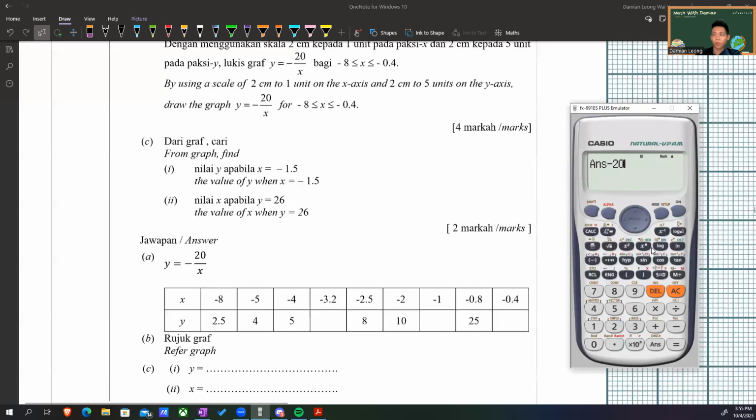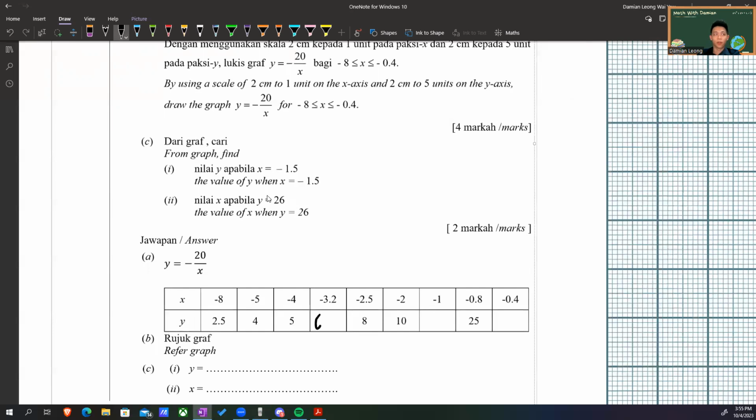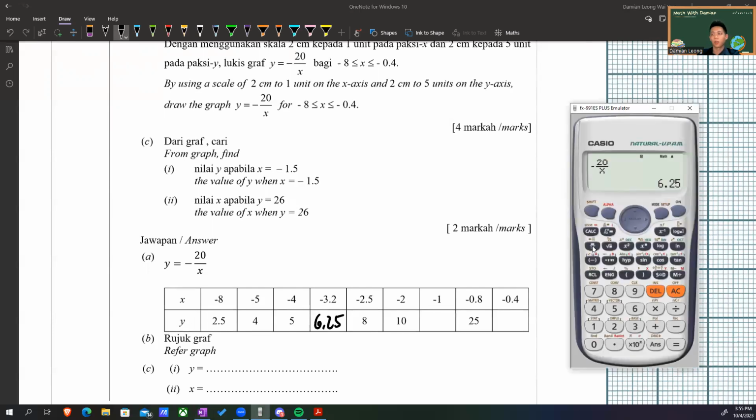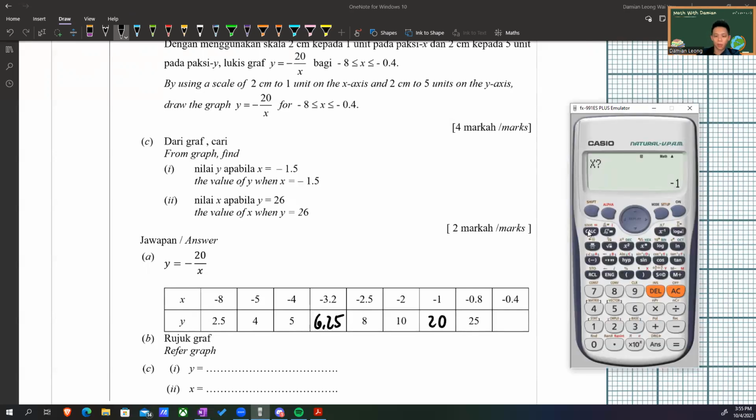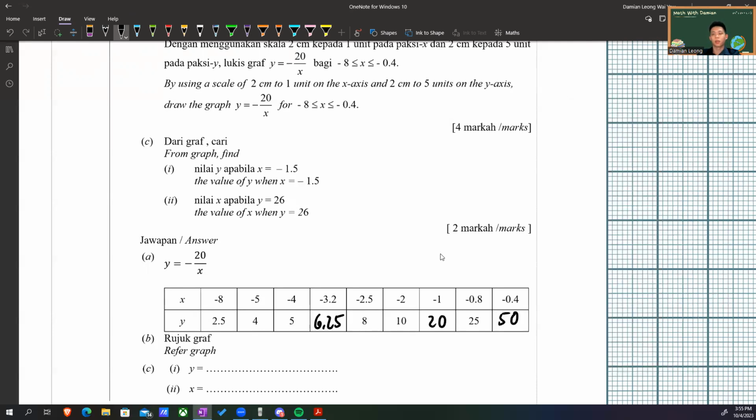So -20 over x: I put alpha in brackets and then calculate -3.2, 6.25, then calculate -1, 20, then calculate -0.4, 50. Yeah, that will work.